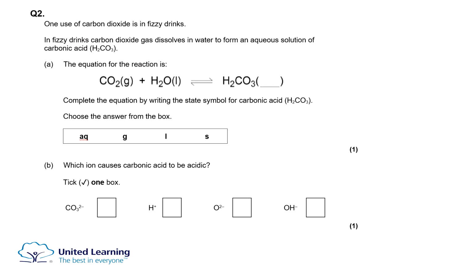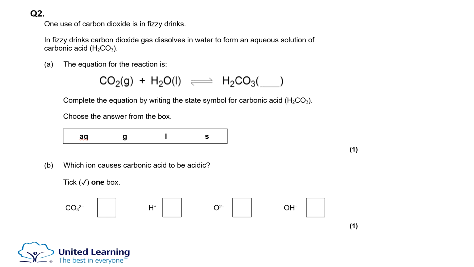So at the top in black is the general word equation, or the general symbol equation, for that. This question uses the example of carbon dioxide in fizzy drinks, and it gives you the symbol equation including the state symbols. Carbon dioxide is a gas, H2O, which is water, is of course a liquid, and it makes carbonic acid over here, and it gives you a space to write in the state symbol for carbonic acid.